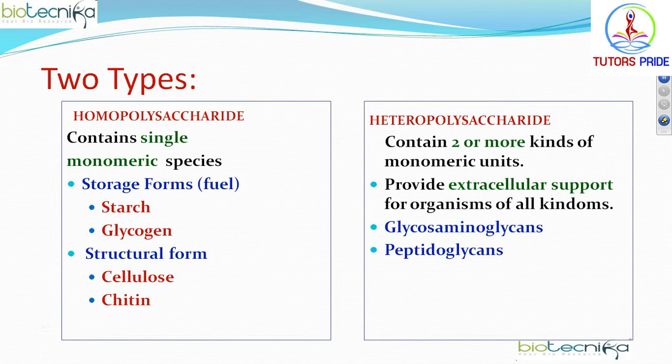This is a part of the bacterial cell wall, as I told you. Like that, glycosaminoglycans and peptidoglycans give extra support to all the animal kingdoms, all the species. And homopolysaccharides, you can say, are stored as a form of food, starch and glycogen. So these are the two types, and this is the difference between them.